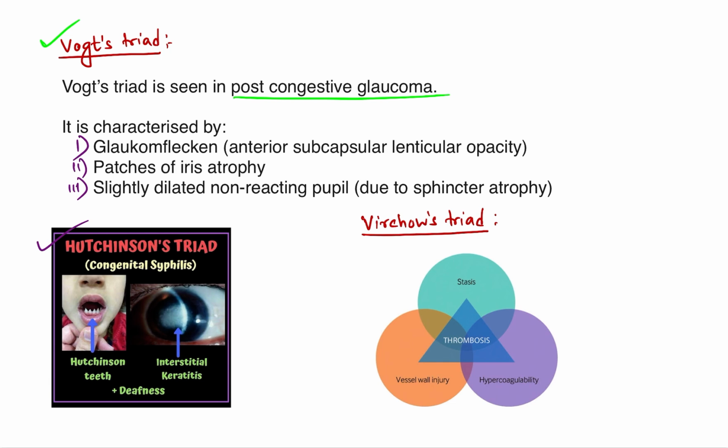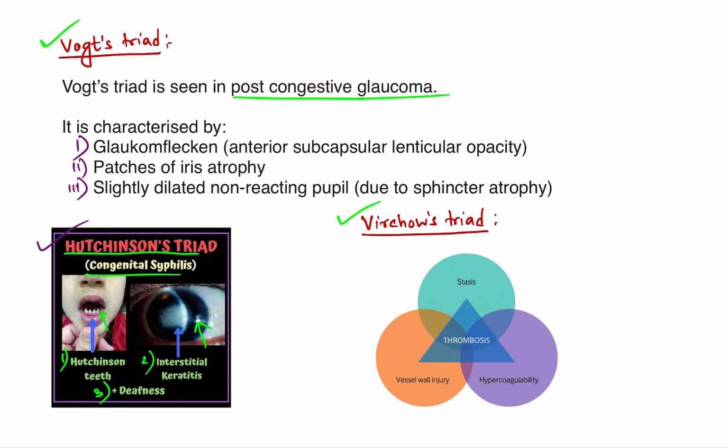What is Hutchinson triad? It is the triad seen in congenital syphilis, consisting of number 1, Hutchinson's teeth. See the peg-shaped incisor teeth. This is Hutchinson teeth. The second one is interstitial keratitis, and the third one is sensory neural deafness. So this is Hutchinson triad of congenital syphilis.